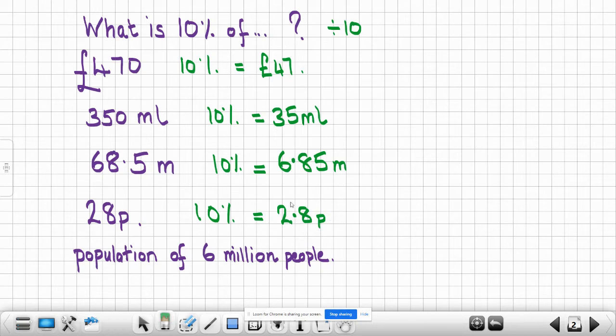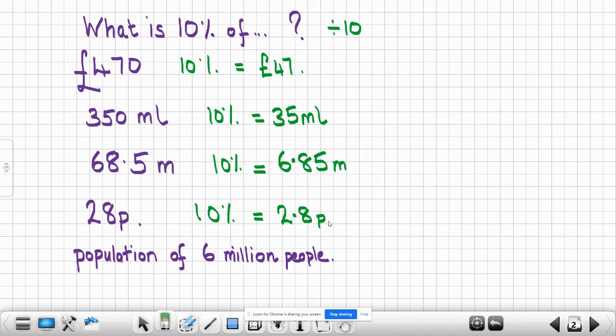We sometimes have these weird amounts that don't exist in actual money terms, but mathematically, that is what would happen. The maths doesn't change, the situation does. So if we were looking for 10% of 28 pence, it would be 2.8p.